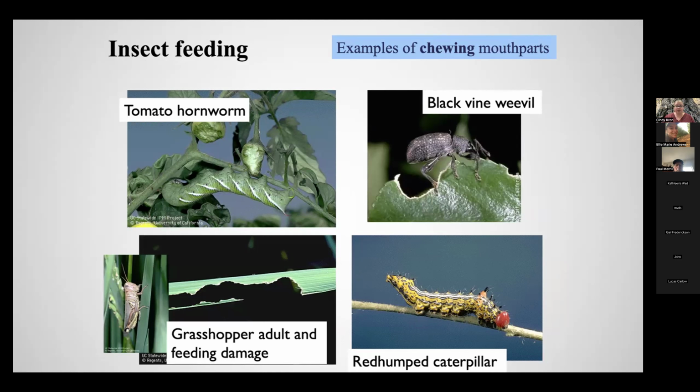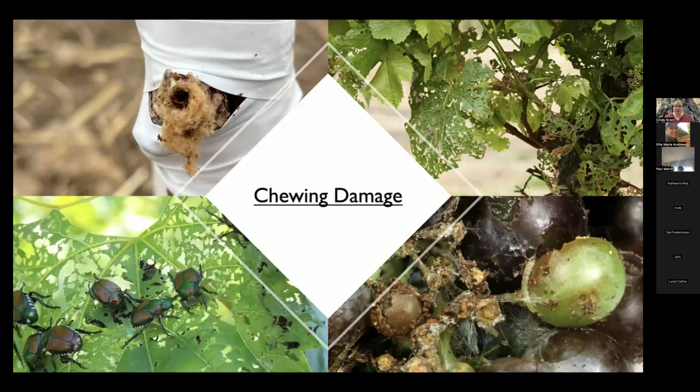So when you look here at the weevil, there's part of this leaf missing. If I come up and I only see this damage, I know that this insect had chewing mouth parts because part of the plant material is missing. It's been chewed away.